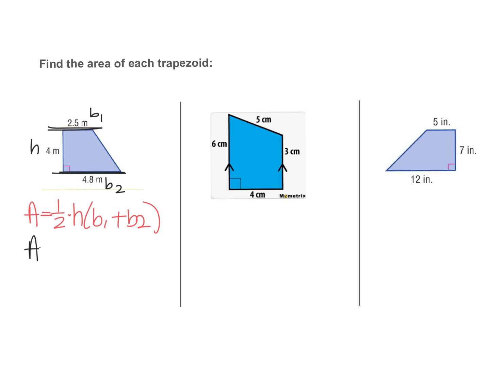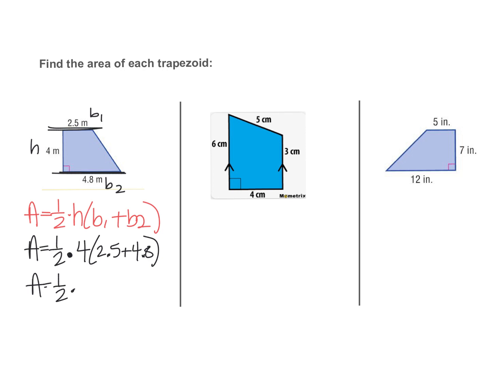So then let's plug this in. 1/2 times the height, which is 4. And then I have 2.5 plus 4 8/10. So I do my parentheses first, which is going to be 2.5 plus 4.8. And I'm going to rewrite this.